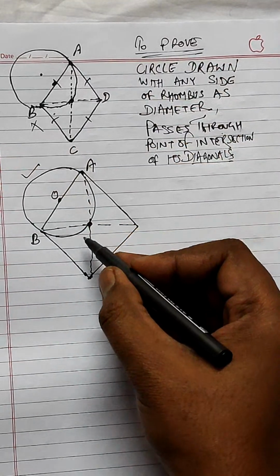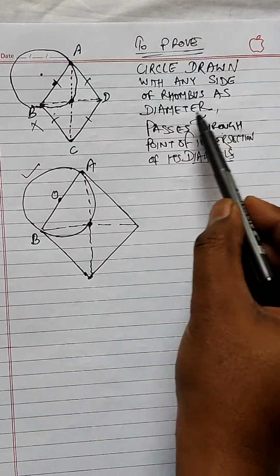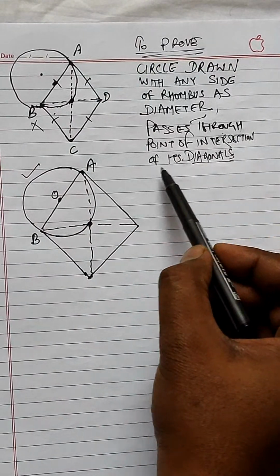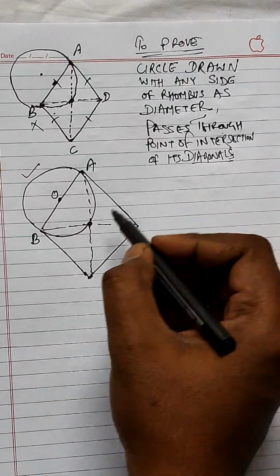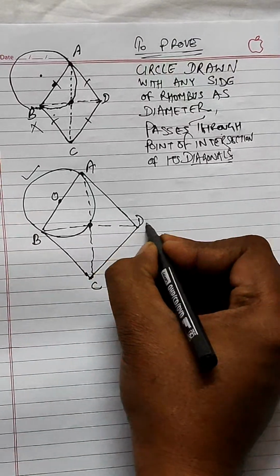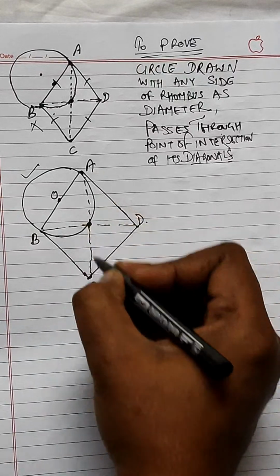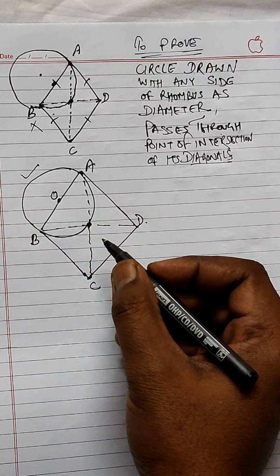Now what we need to prove is that a circle drawn with any side of a rhombus as diameter passes through the point of intersection of the diagonals of this rhombus. So if ABCD is the rhombus, then AC and BD are the diagonals, right?